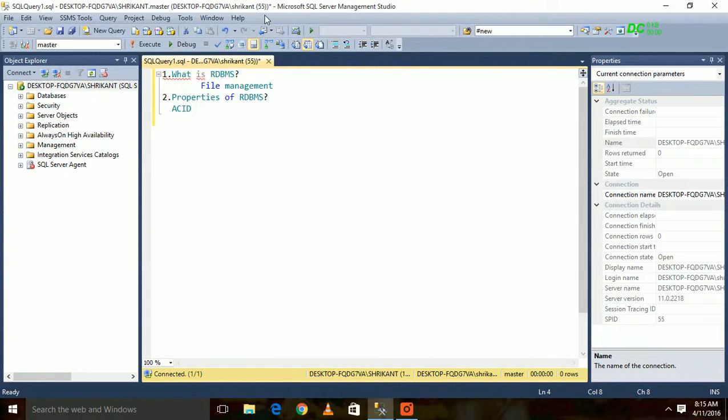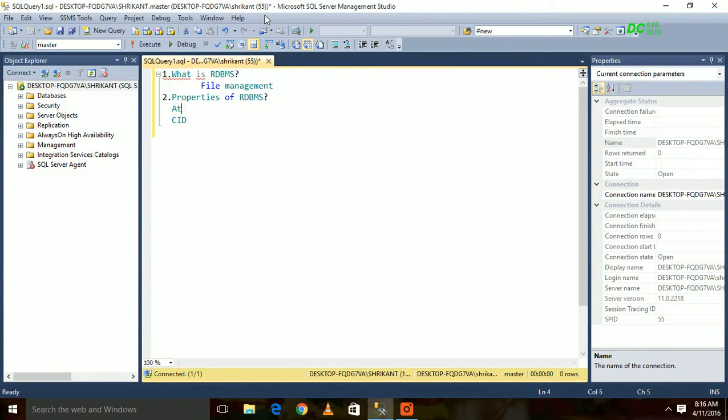So alternately, what are the properties of RDBMS? ACID, we can say, are the properties of the Relational Database Management System.